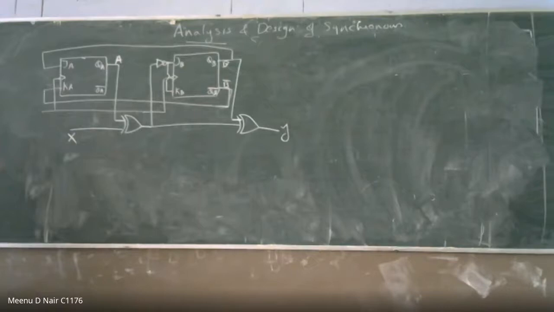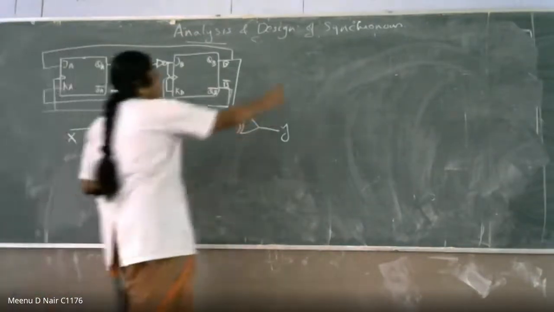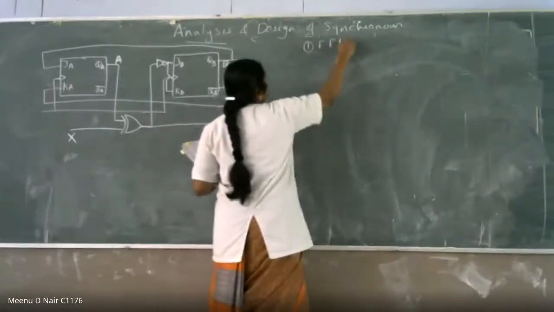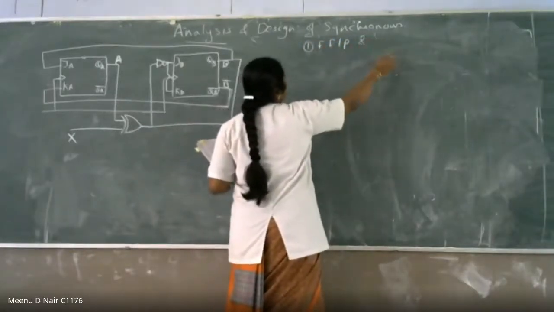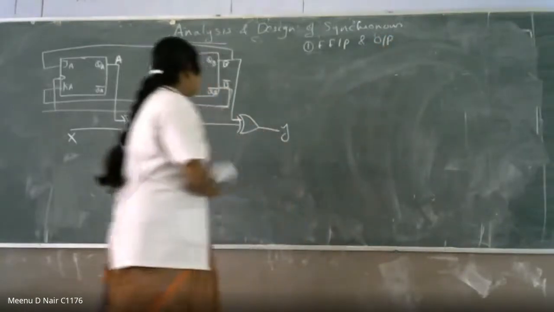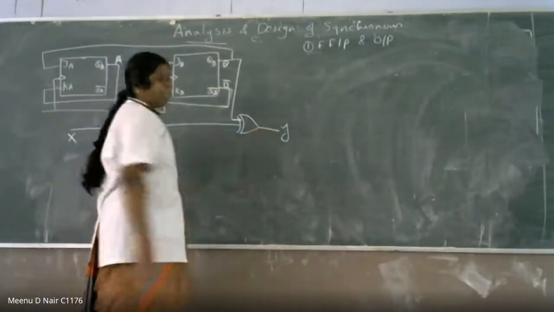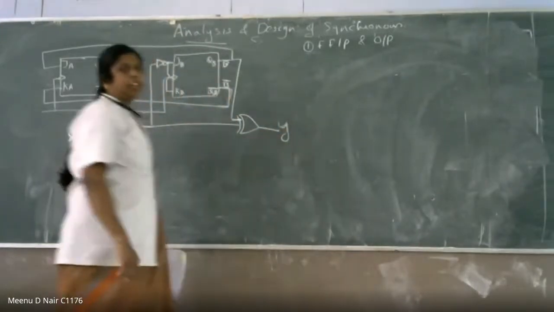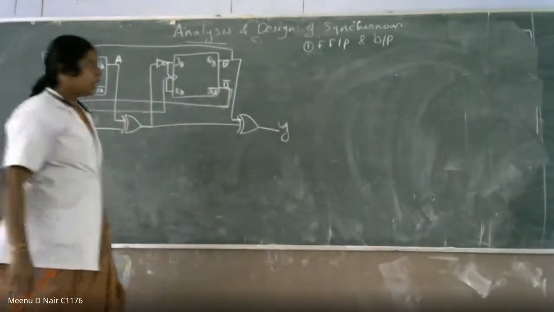So what is your first step? You have to find out the flip-flop inputs and the output. Because here there is an output function Y, right? So you have to find out what are the flip-flop inputs and what is your output function Y.